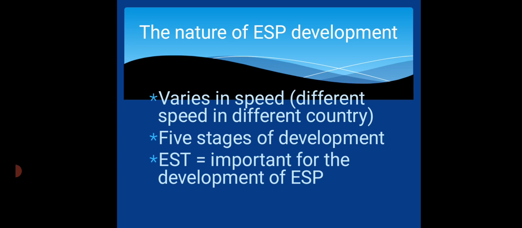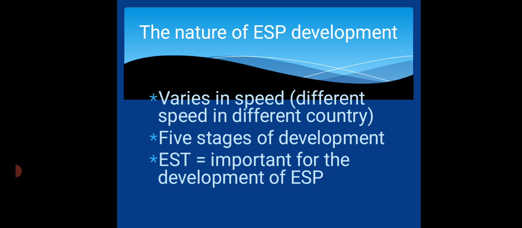So last week we agreed that ESP development varies in speed, different speed in different countries. Perhaps in Indonesia, the development of ESP is quite slow, but in other countries like America, Australia, or even the Philippines, the development is much faster, right?